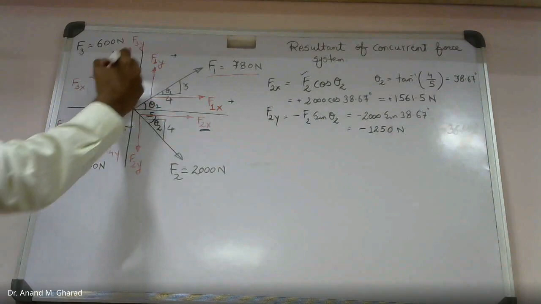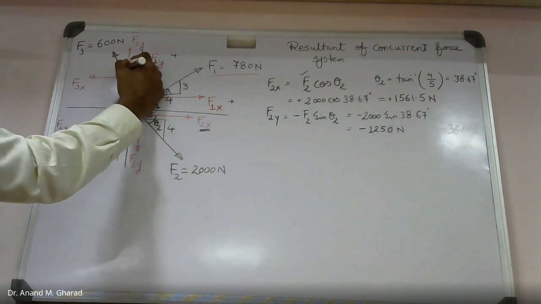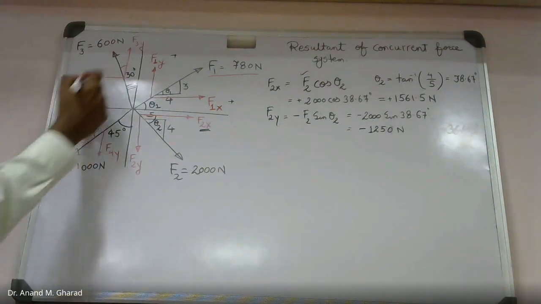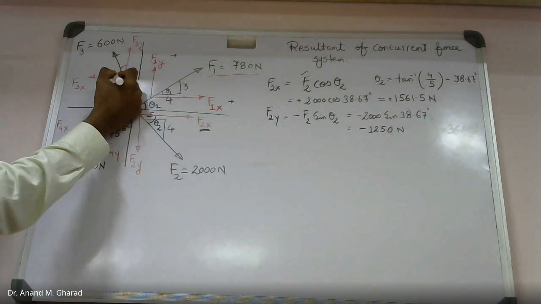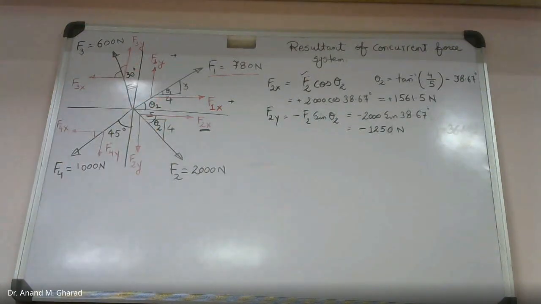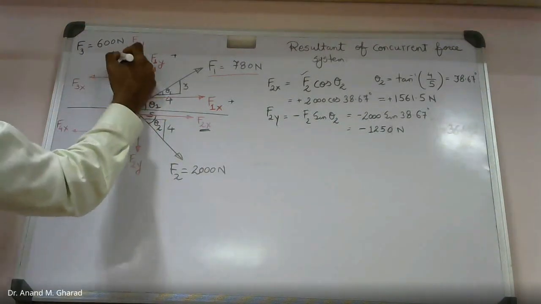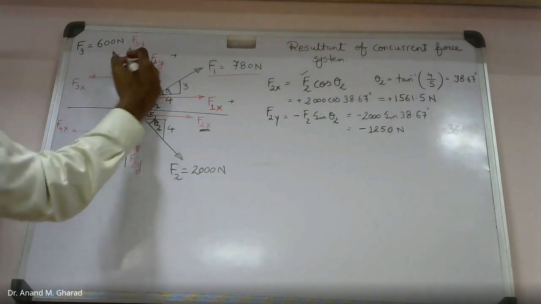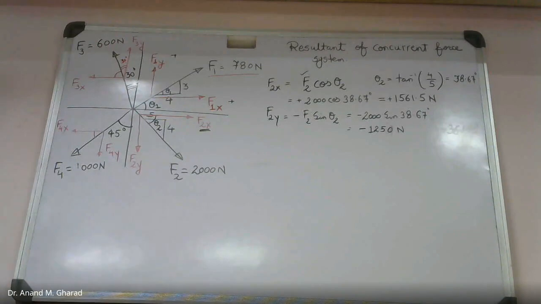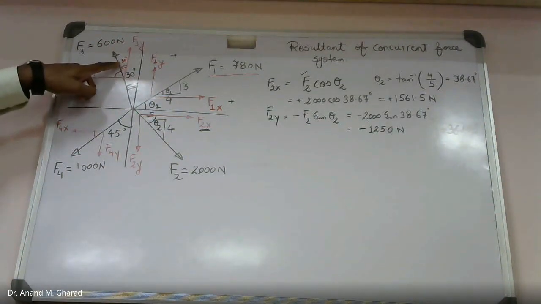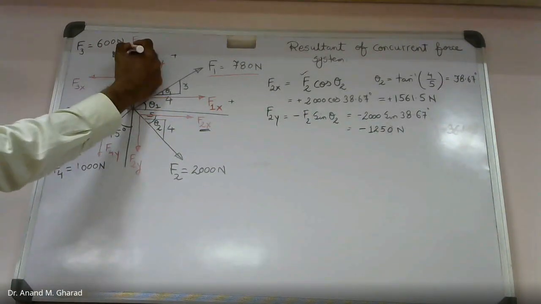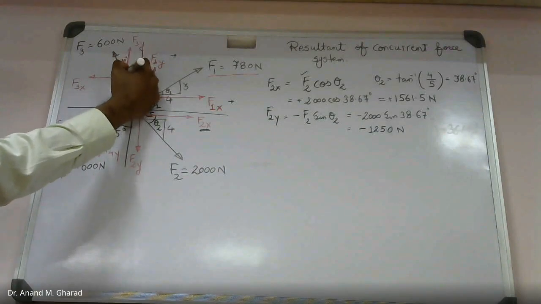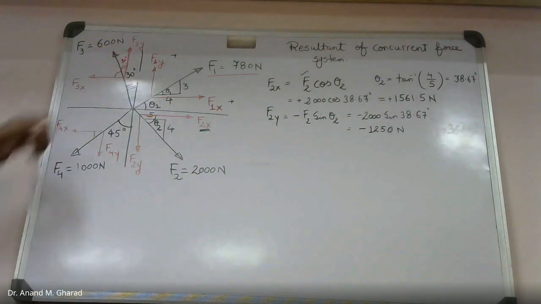You can consider this angle or you can even consider that angle; it is up to you. So let us consider this small angle, which will be 30 degrees. Do you agree?